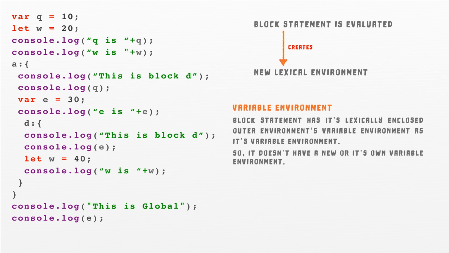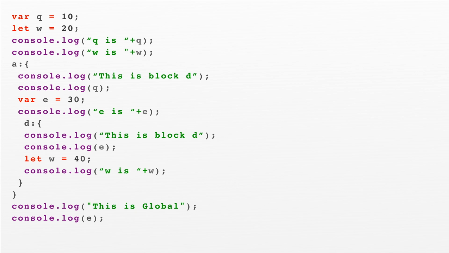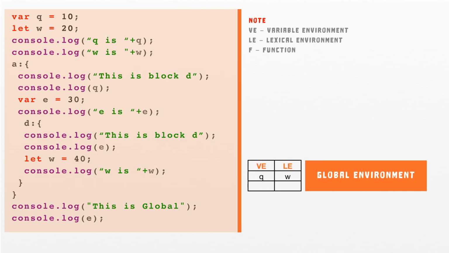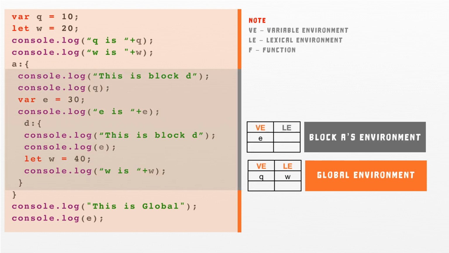So it does not have its own new variable environment. Initially, it creates this global environment, and in it we have declared these two variables, right? So in this environment record, q will be stored in the variable environment and w will be stored in the lexical environment. Coming to block A, it again has another environment.